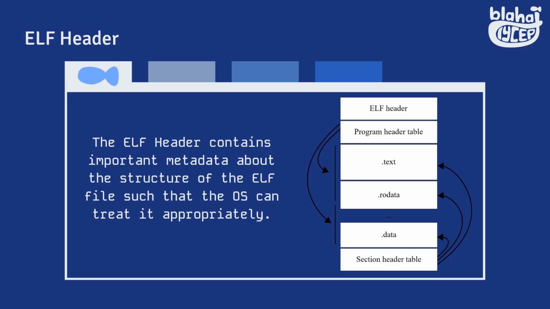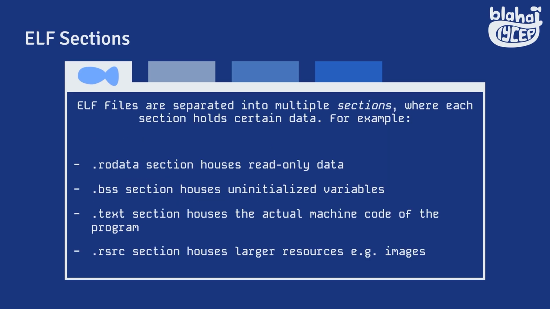In this graphical representation, you can see the ELF header, then the program header table. Each section of the ELF file has its own name, and each section contains different parts of the ELF file. This is a bit hard to think of in the head, right? We're going to look at this practically later.